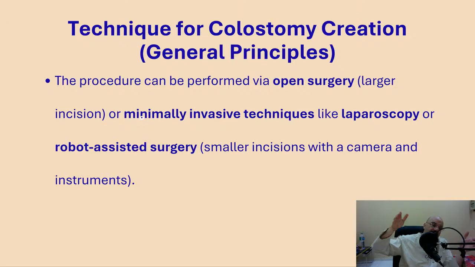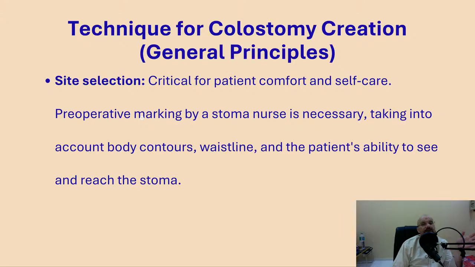Usually, this is historically done by open surgery, so they just open the abdomen, and this is what they call the traditional way. And then, in the following period, they started with laparoscopy or robot-assisted surgery, and there are several types of doing the procedure. Now, from our side here, it's important to know about the site selection.